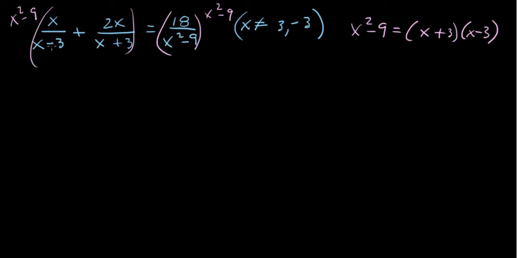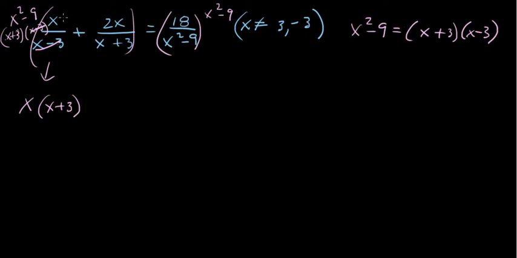And so obviously, this cancels out with one of those factors. And so we're left with x times x plus 3, the other factor. This one canceled with one of these. Remember, this is x plus 3 and x minus 3. So we just canceled this one with this one.